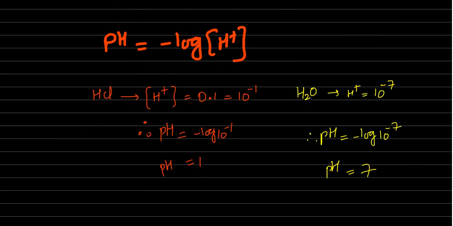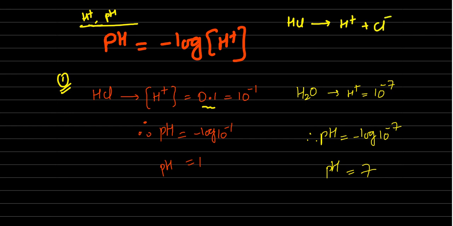See, in case of H plus and pH, the relation is pH equal to minus logarithm of H plus concentration. You can take one example. HCl I am taking. The concentration of HCl is 0.1. HCl is dissociated into H plus plus Cl minus.